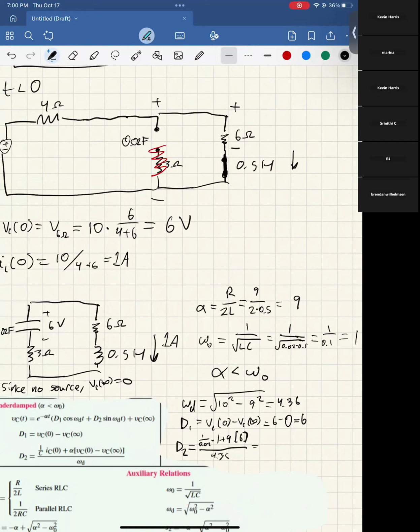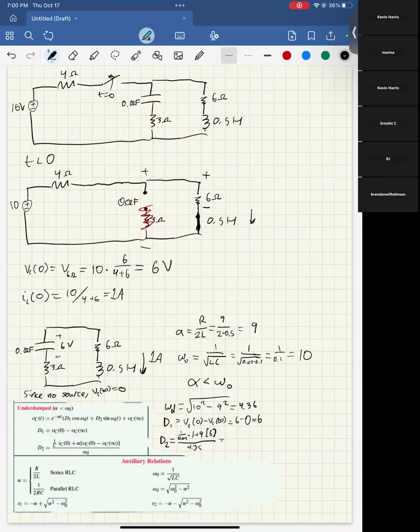And that will get us, what is this? 50 plus 36 over 4.36, which is, let me make sure I do this right. Why is this different?